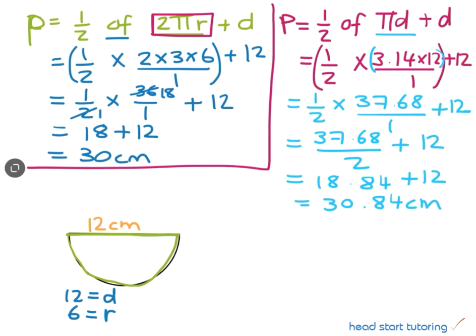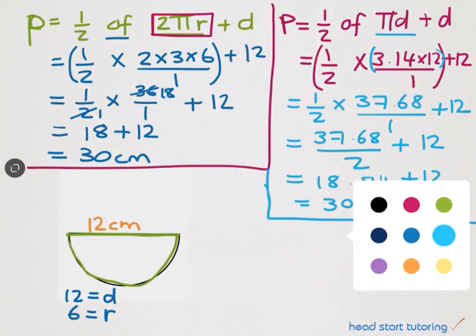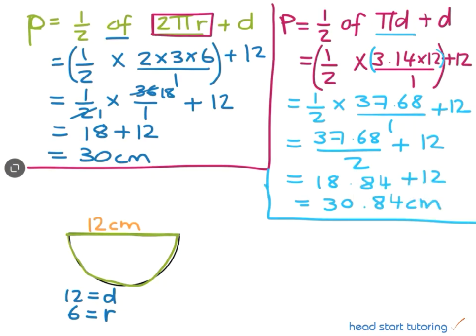That is what the perimeter of this semicircle will be when we are using pi equal to 3.14.